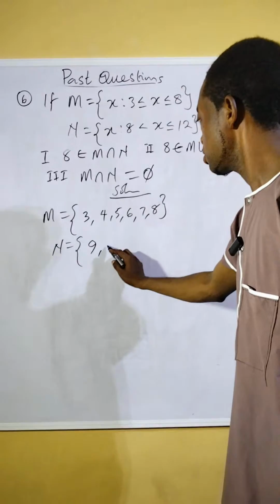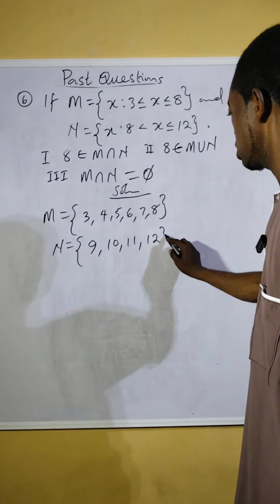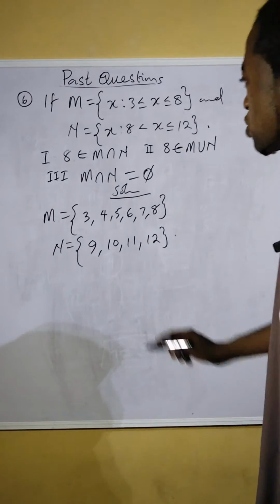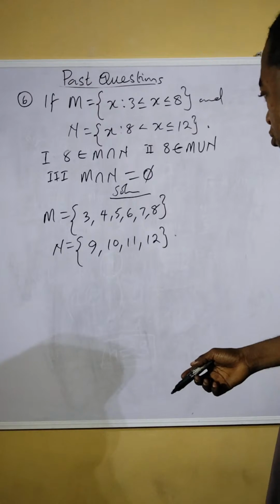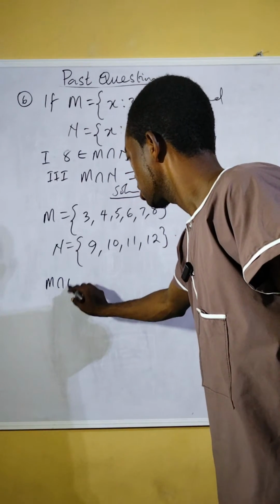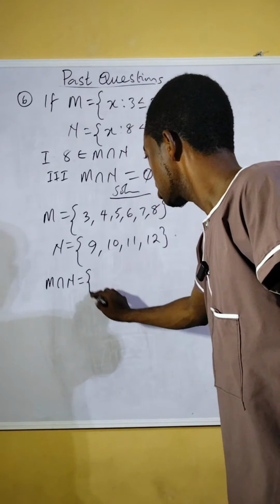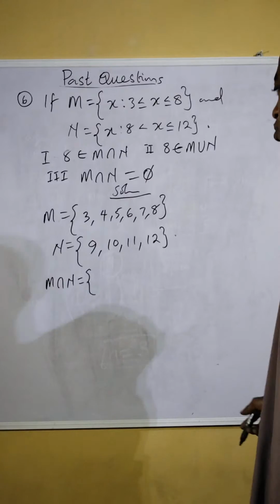So we have 9, 10, 11, and stopping at 12. Now, when we consider this first statement, M intersection N, when we write it out, we discover 8 is not part. What is common between M and N? In fact, nothing is common.